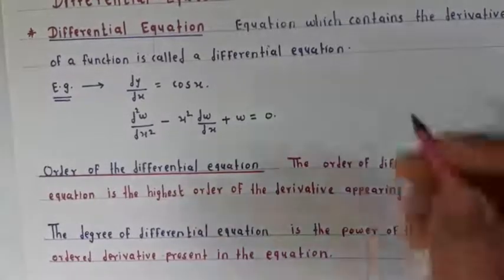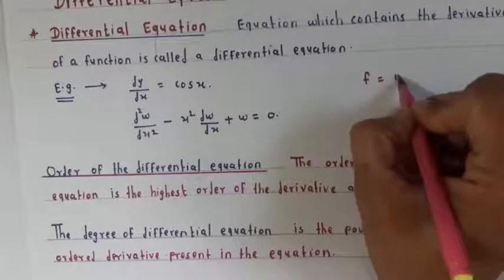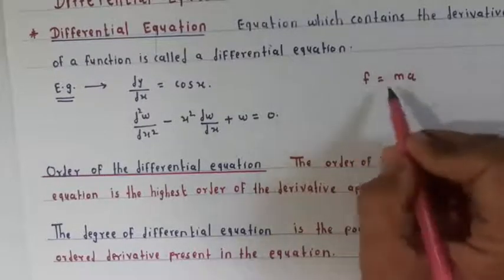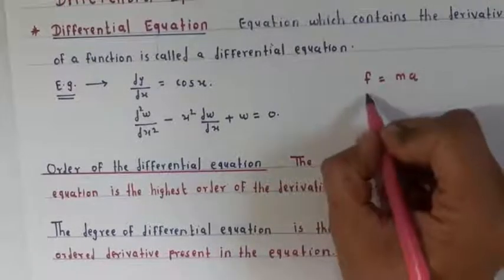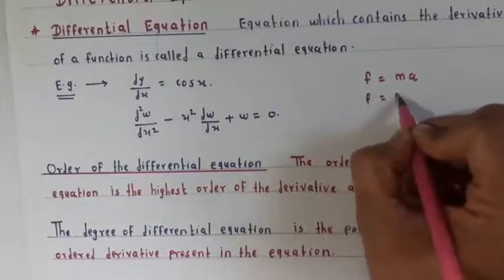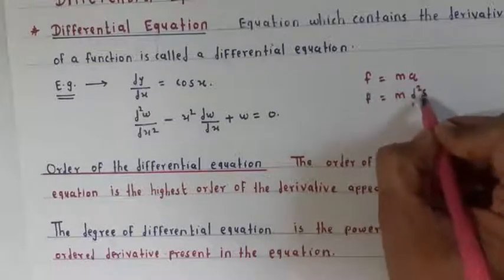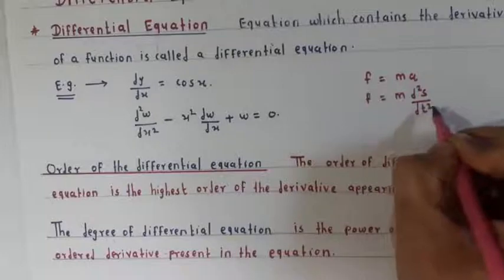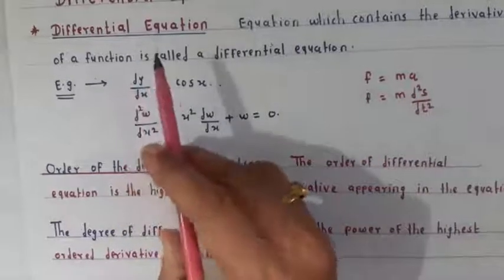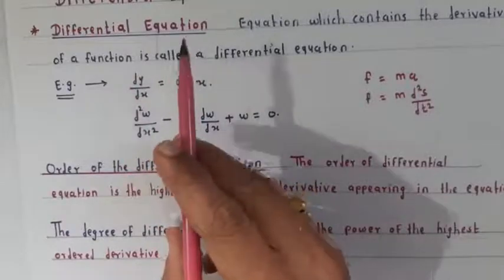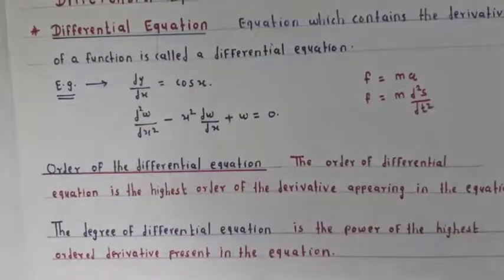Now suppose F equals ma. You know that in physics force equals mass into acceleration. So suppose F equals m times d squared s by dt squared. This is again a differential equation. In this way, a differential equation means an equation which contains derivatives.